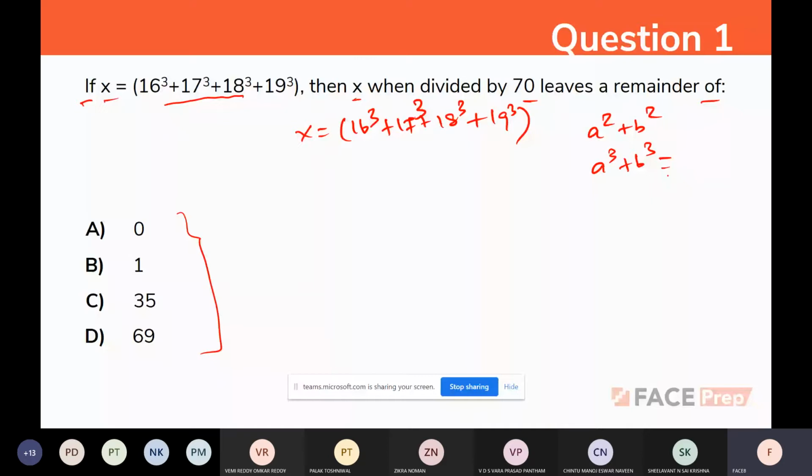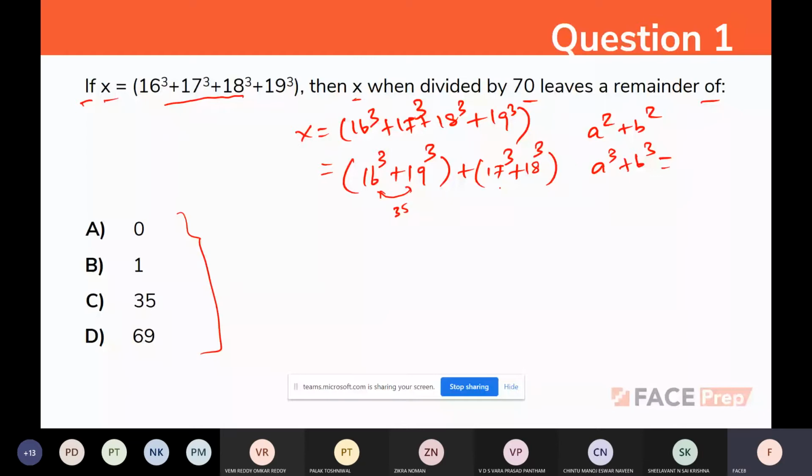For that we need to pair them up. We can pair them like 16 cube plus 19 cube plus 17 cube plus 18 cube, because the addition of them will give the same answer, 35. That's why we are pairing them like this.